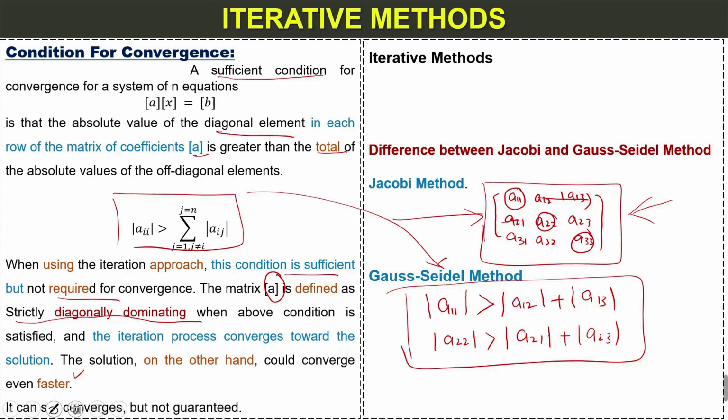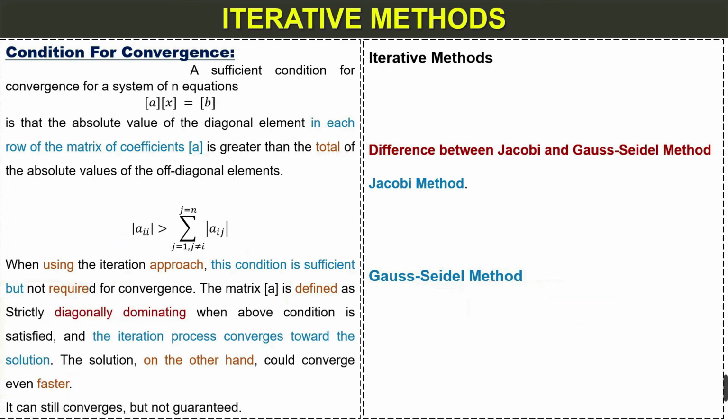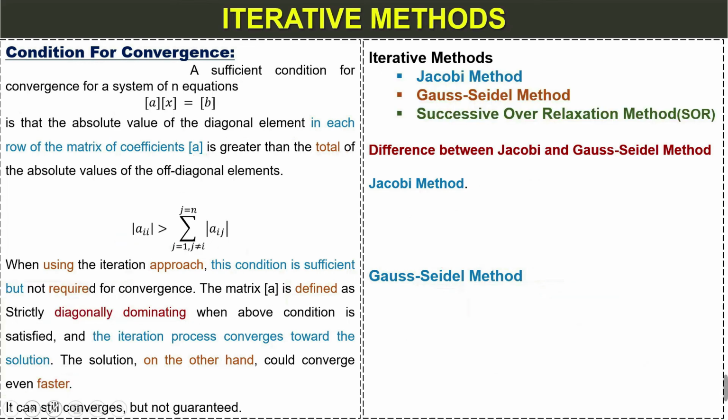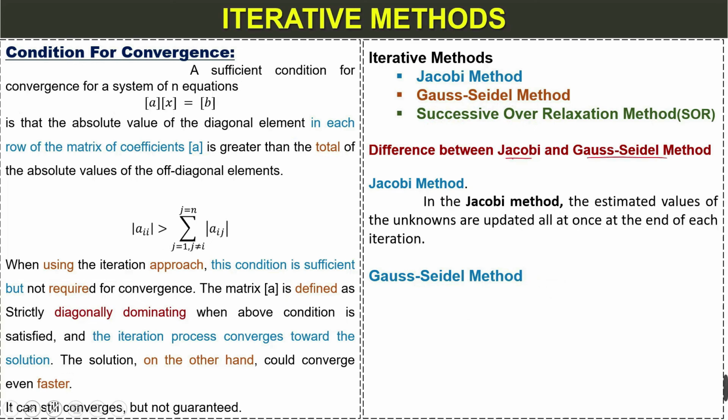The iterative methods are the Jacobi method, the Gauss-Seidel method and the successive over relaxation method. The difference between the Jacobi and the Gauss-Seidel method is that in the Jacobi method the estimated values of the unknowns are all updated at once at the end of each iteration. When the first iteration is completed, then we update the values of the unknowns.